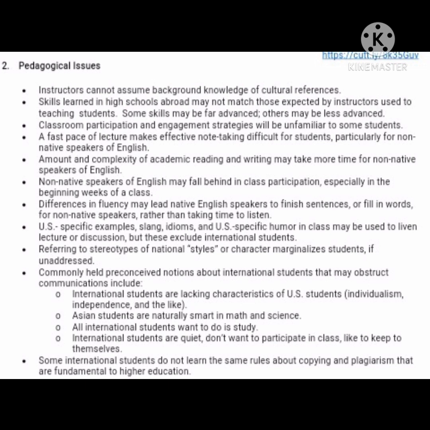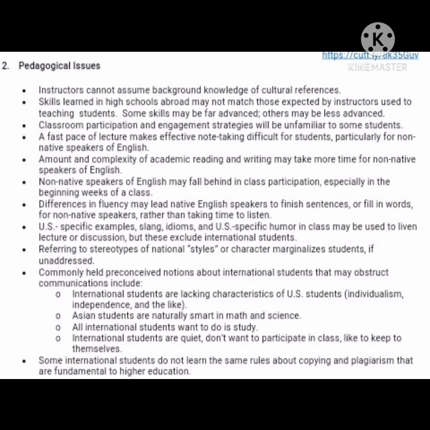Then, a fast pace of lectures makes effective note-taking difficult for students, particularly for non-native speakers. Then, the amount and complexity of academic reading and writing may take more time for non-native speakers of English. Then, non-native speakers of English may fall behind in classroom participation, especially in the beginning weeks of the class.